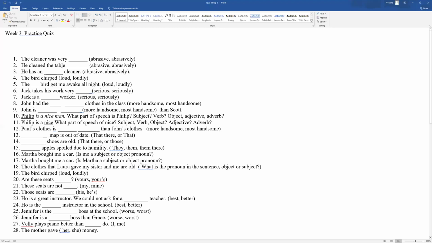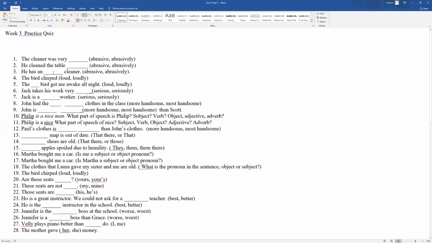And so typically, at least in this quiz, the adverbs tend to come after the verb. That doesn't always happen because adverbs can come in any place in the sentence. That's a different lesson. But the trick for this quiz is that if the blank is after the verb, it's typically an adverb, ly.